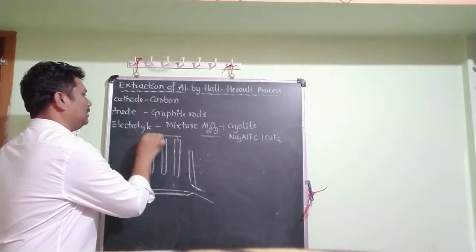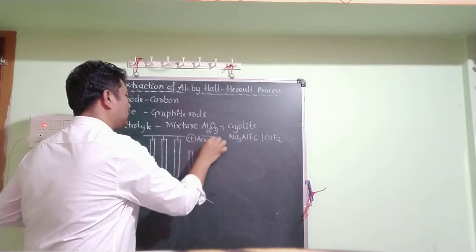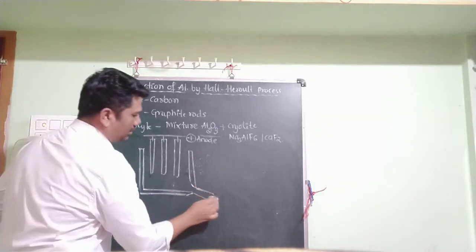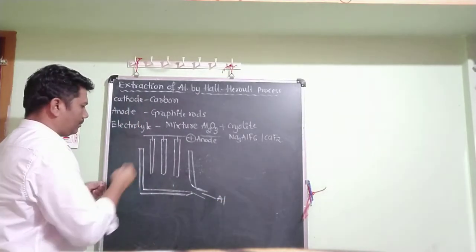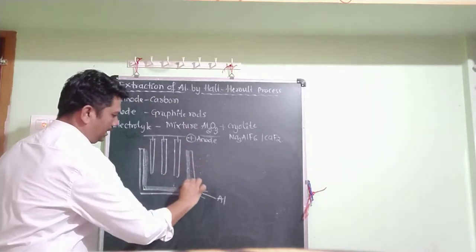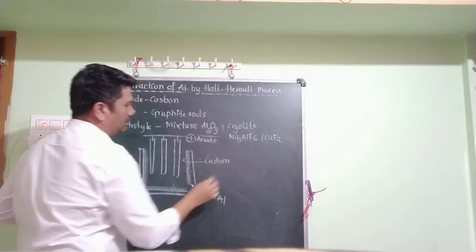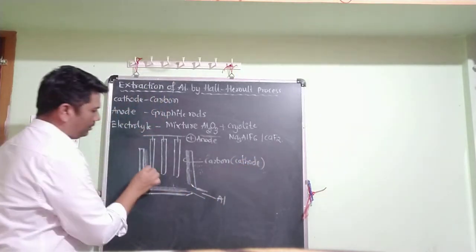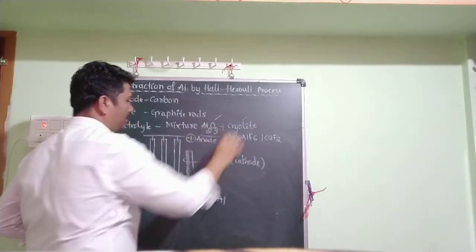These are graphite rods, and they act as anode. Cathode is carbon. Carbon acts as cathode, and here I have to take one electrolyte, a mixture of alumina and cryolite.